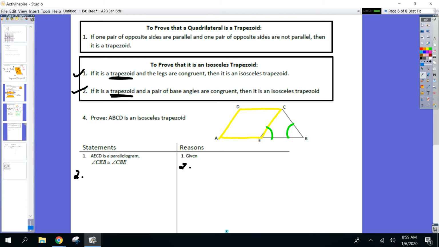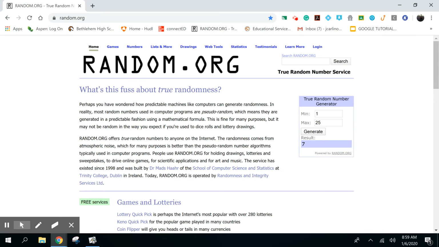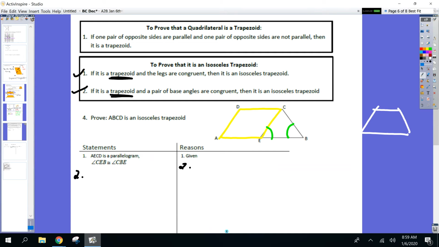All right, move up to the box on the top. There's only one way I'm proving it a trapezoid. And it gets a little nuts. 5, what's it say to prove it's a trapezoid? Okay, stop. So we need to prove DC and AB are parallel, which is easily doable.